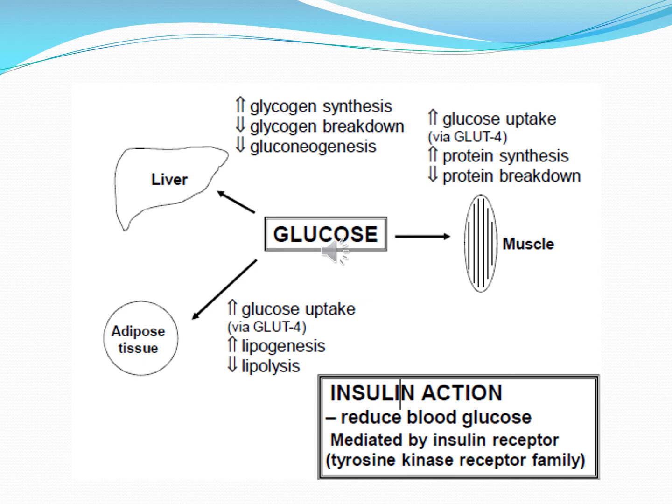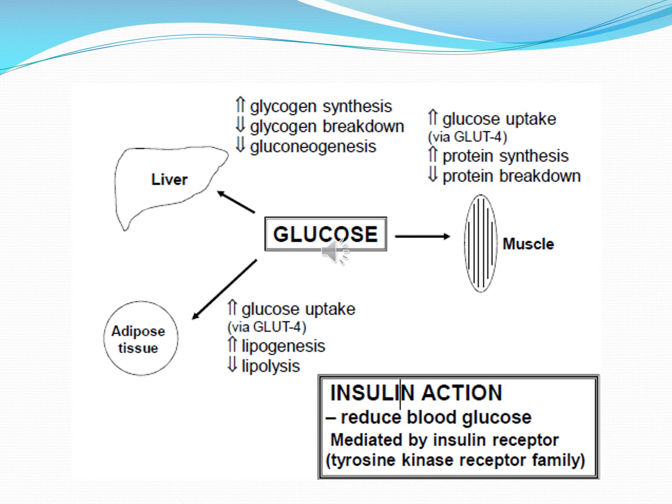So the main function of insulin is to reduce blood glucose, and insulin works by a number of different mechanisms, but in adipose tissue and muscle you get increased glucose uptake. Okay, so insulin binds to insulin receptors on these cells and actually leads to a transporter upregulation, the GLUT4 transporter, that allows glucose to enter the cell.